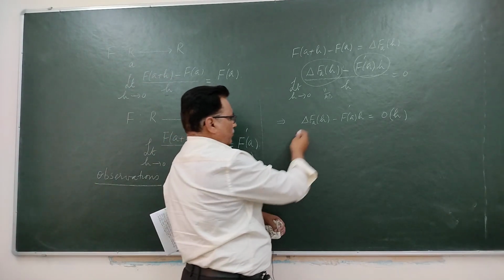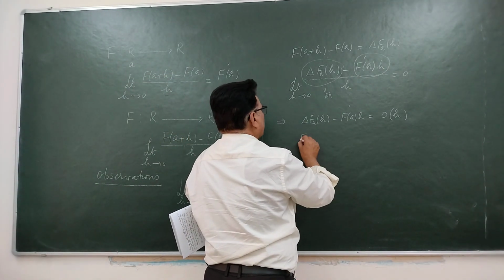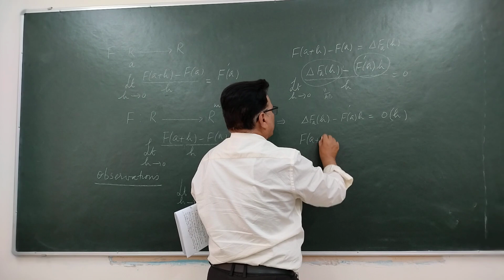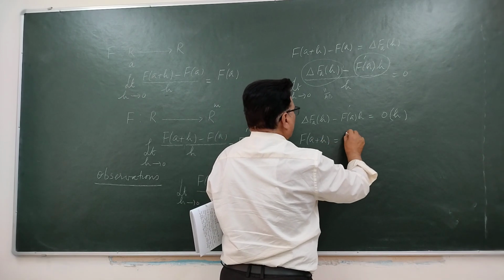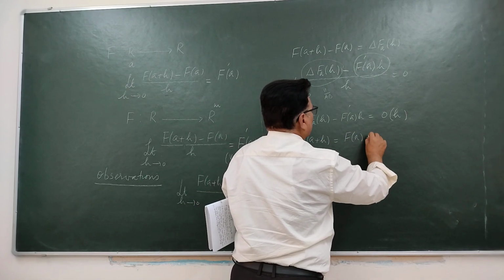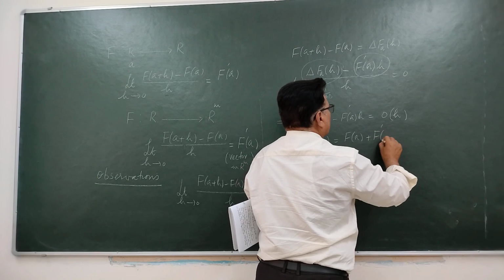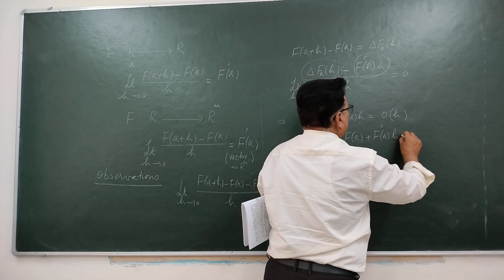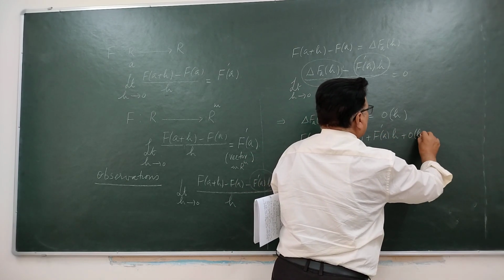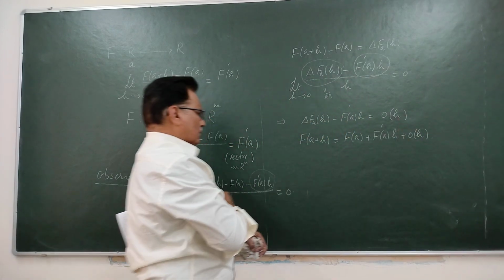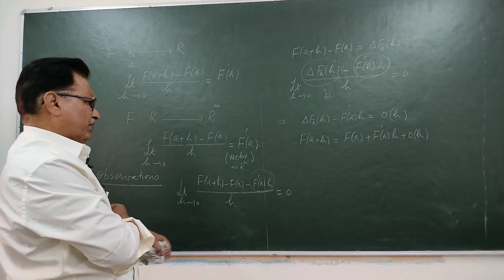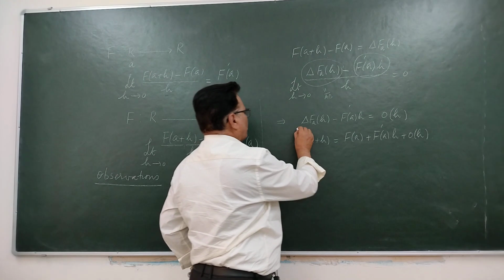Or if you want to expand it, it can be rewritten as f of a plus h equals f of a plus f dash a into h plus o of h. Now, this is in fact known as the Taylor formula.